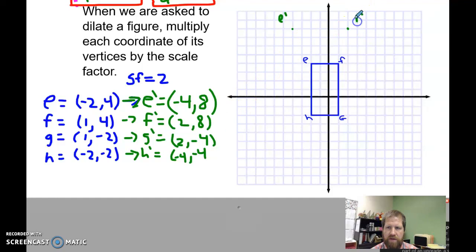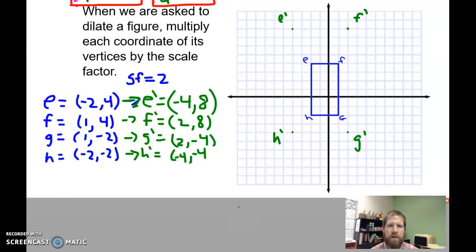That'll be my F prime. And since I'm making a rectangle, I can continue that. F and G should be on the same x value, so G is going to be down here at 2, -4. And then H is going to be at -4, -4, also directly below E prime. So H prime and G prime.